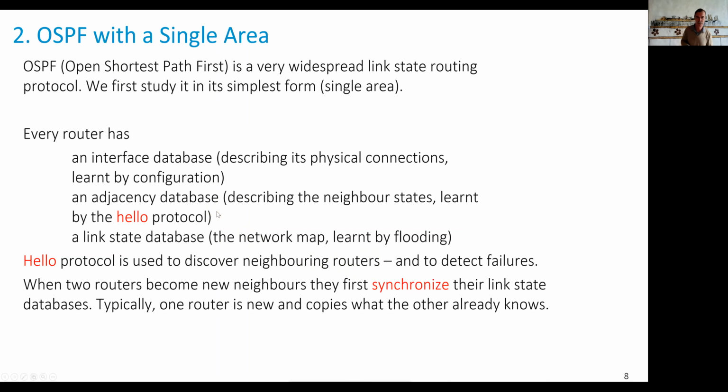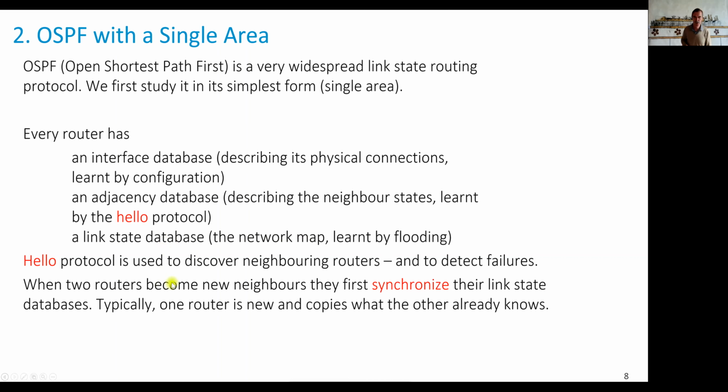If a neighbor hasn't said hello for a few seconds, we assume it's down, and then we will reconstruct routes around this failure. So this is the second element. And then global information is built from that and distributed, replicated, in fact, in every router, which is called the link state database. This is the network map.